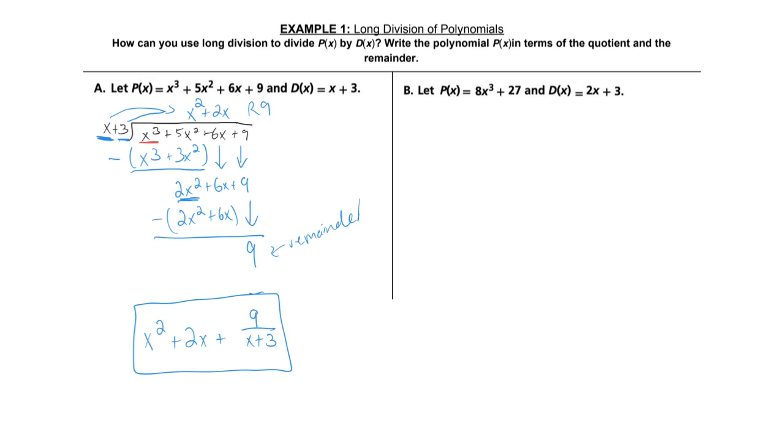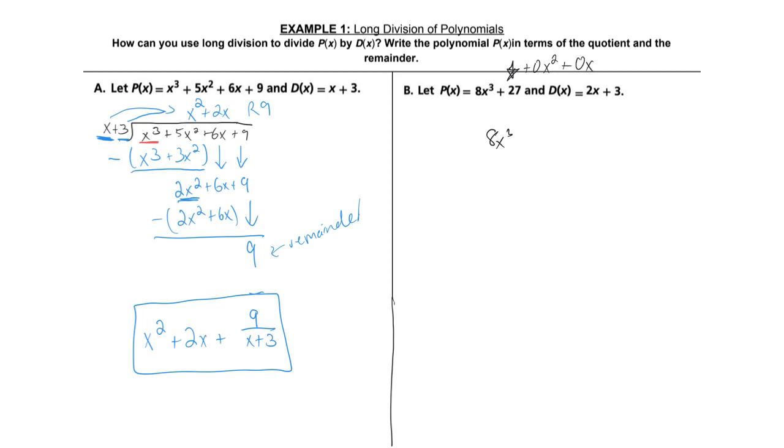All right, so let's do another example just to reiterate our thoughts. So again, 8x cubed. I'll write this a little smaller. 8x cubed. Now, one thing about this, you need to write in plus 0x squared plus 0x.